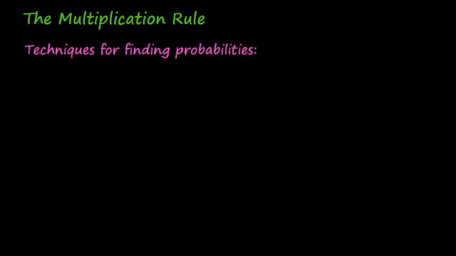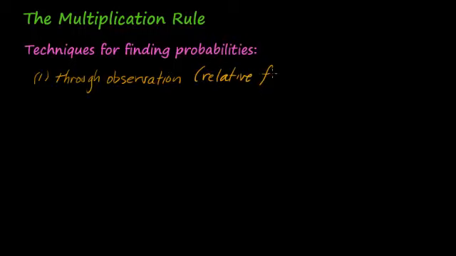The techniques for finding probabilities that we've discussed so far are, number one, through observation, and we called this the relative frequency method or approach.